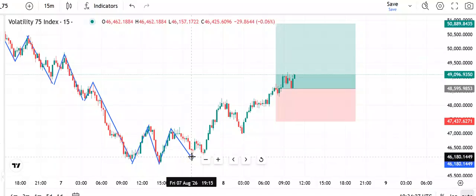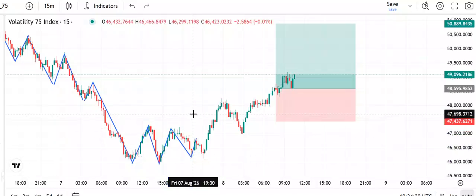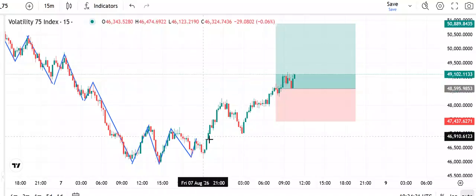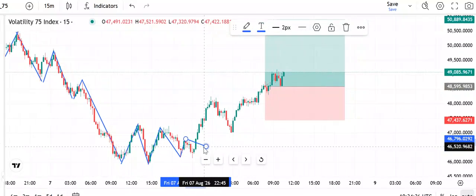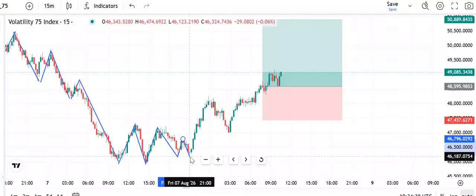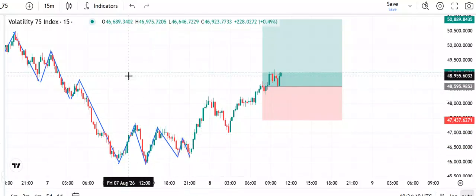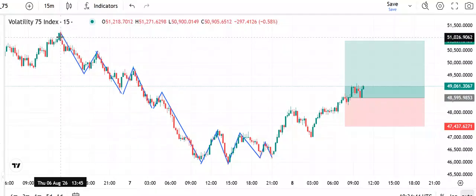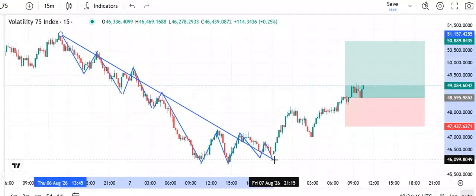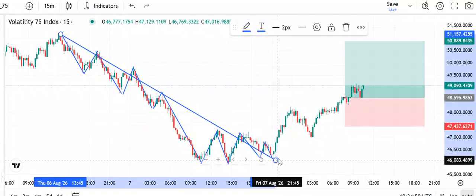Then we have lower high and lower low, still on the 15 minutes time frame. So as at this level, from here down to here, we had downtrend.